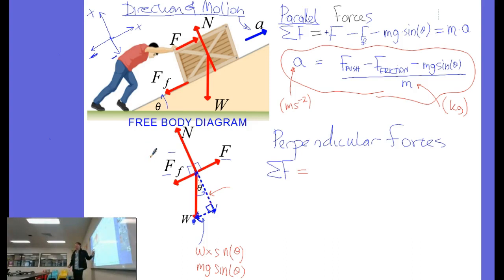First think about the side of the triangle. What side is that? Adjacent side of the triangle. So what trig ratio do we use to calculate the adjacent side of the triangle? The cosine. Very good. So this will be the hypotenuse, which is the weight force, mass times gravity, multiplied by the cosine of that angle of incline.